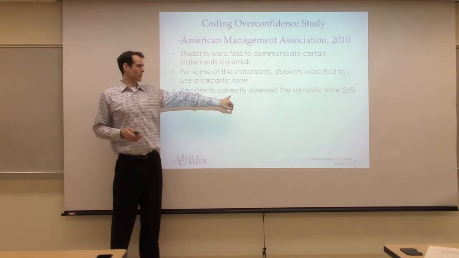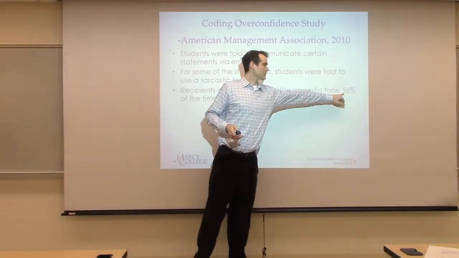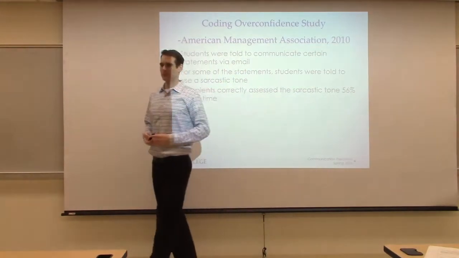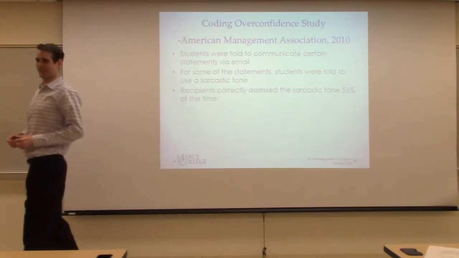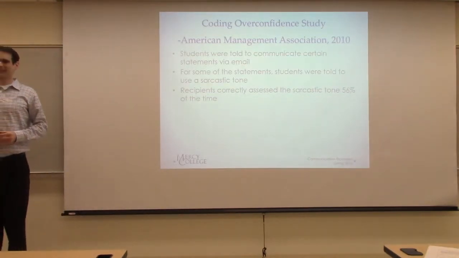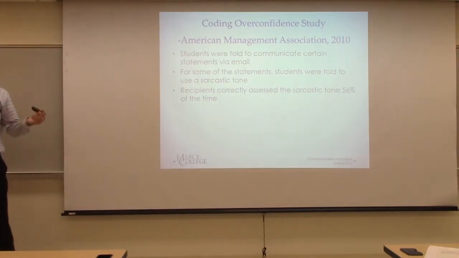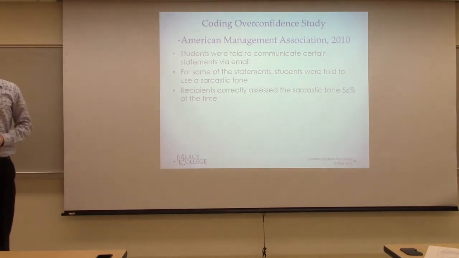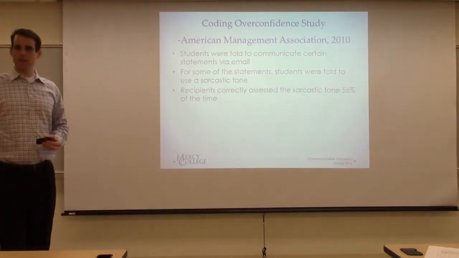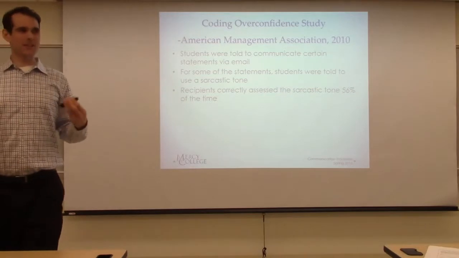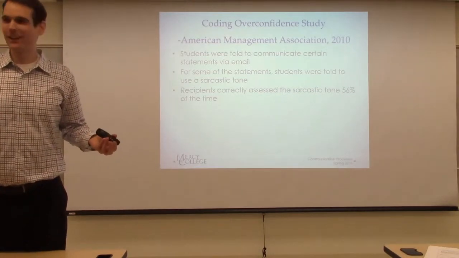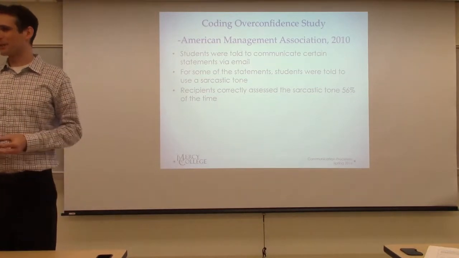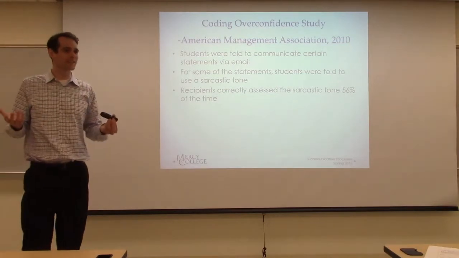What does that mean to you, first of all? They estimated correctly about half, a little more than that. About half, which is the same as guessing. Just by guessing, you would get it right 50% of the time.